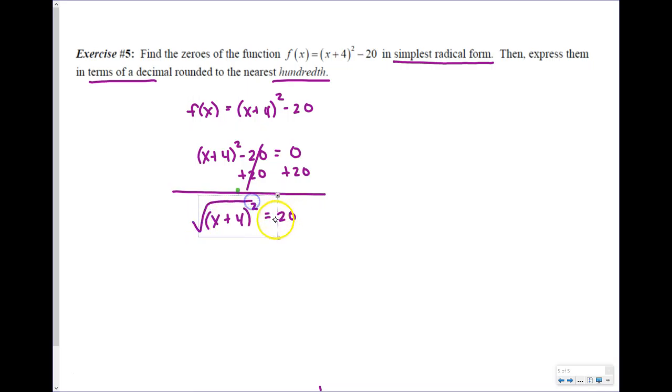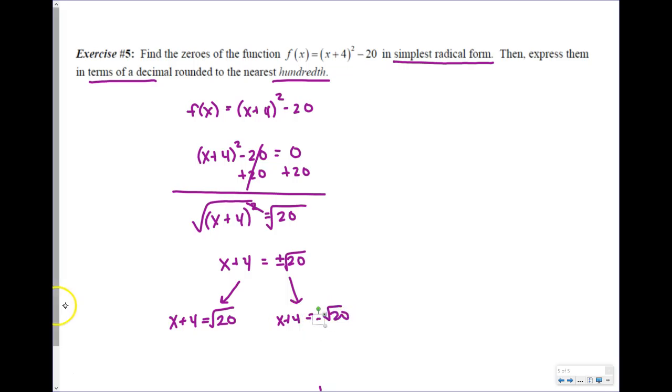Then I'm left with x plus 4 squared equals 20. Now I take the square root of both sides. That cancels out my squared, and I'm left with x plus 4 equals plus or minus square root of 20. Okay, I got to break it up now into my two different functions. X plus 4 equals the positive square root of 20, and x plus 4 equals my negative square root of 20.